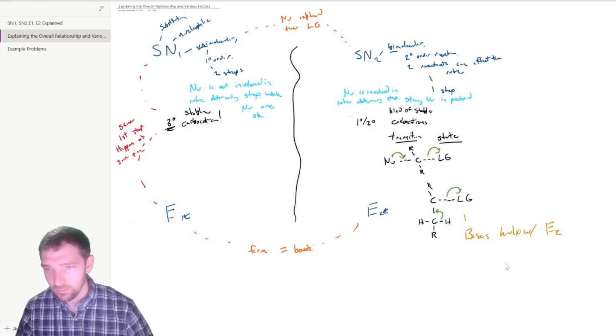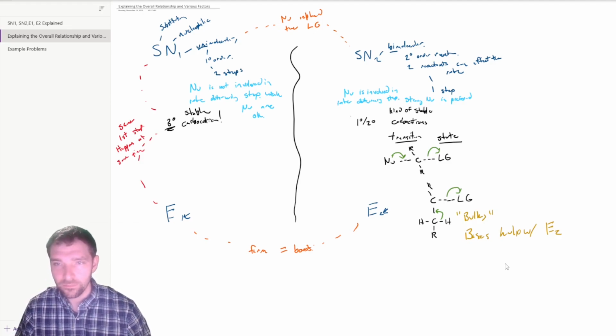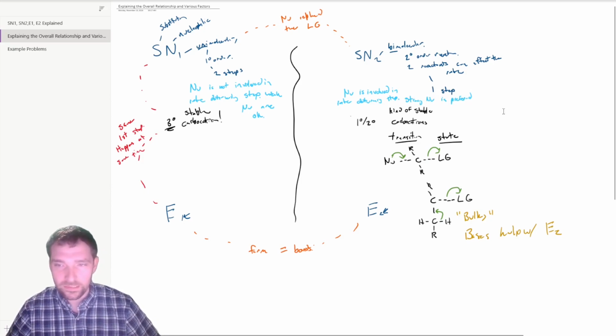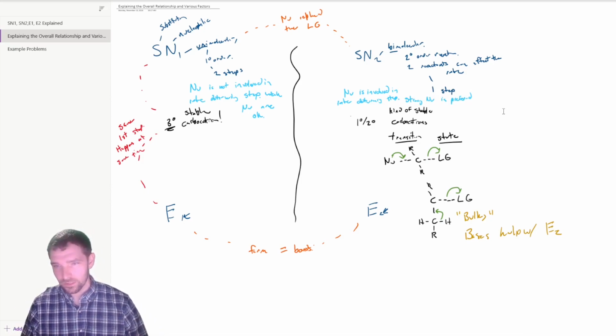So we want what we call bulky bases here to help with E2. And if you've got something that's not a bulky base, then that's going to be a pretty decent nucleophile potentially, and that would favor SN2. So these things don't necessarily always happen at the same time, although their mechanisms are similar.